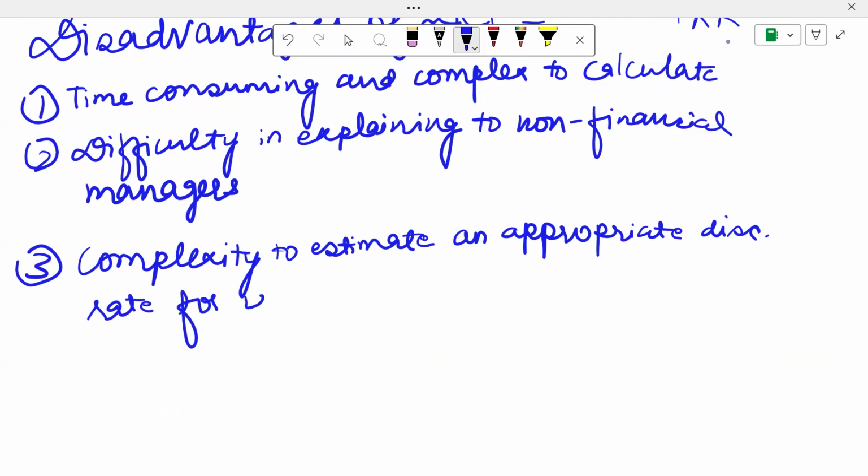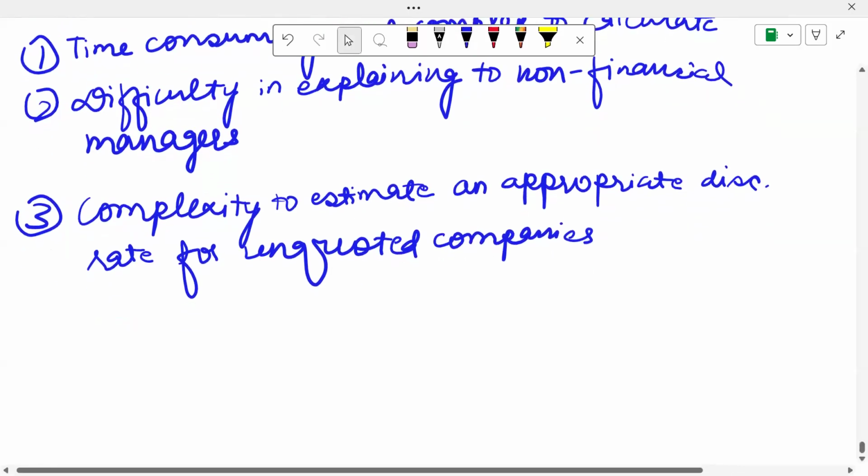This is especially so for unquoted, unlisted companies. Why? Because they do not have any market price of the shares, so it's difficult to calculate the cost of capital for them, and hence to calculate an appropriate discount rate.